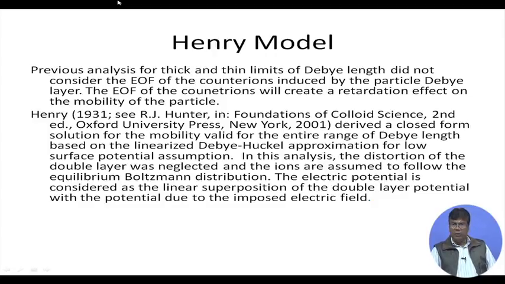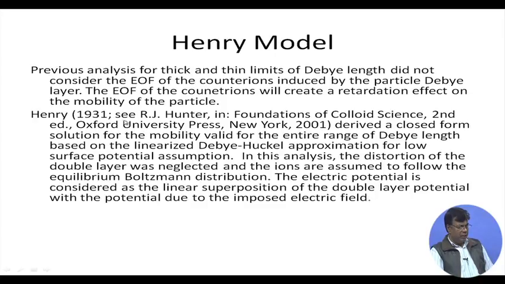Henry assumed that the ions obey the Boltzmann distribution and also the Debye-Huckel approximation, and through that a closed form solution was obtained. The distortion of the double layer was neglected, and the electric potential was assumed to be a linear superposition of the external electric field and the double layer potential that arises due to the movement of the ions under the equilibrium Boltzmann distribution.